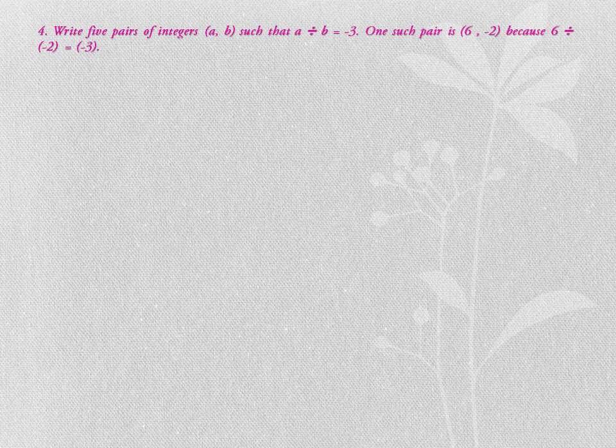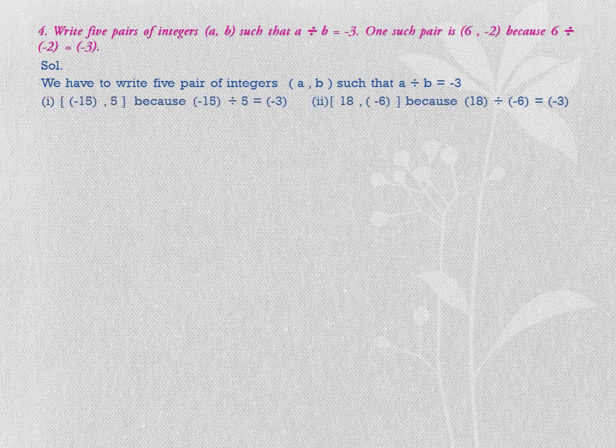Okay, first two pairs we can discuss. We have to write 5 pairs of integers a and b such that a divided by b is equal to negative 3. First one we can write negative 15 and 5. Is it correct, children? When we divide negative 15 by 5, we will get negative 3.